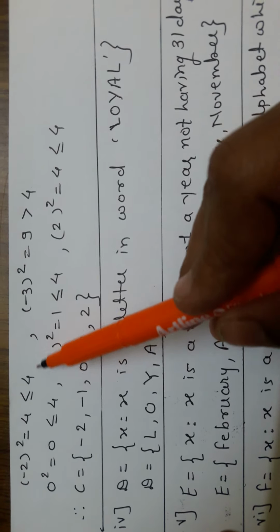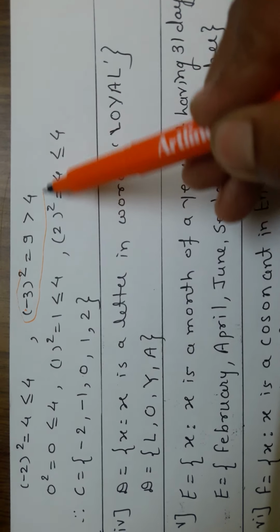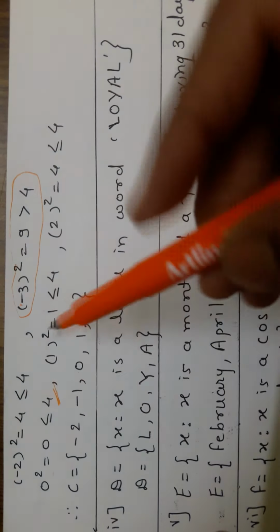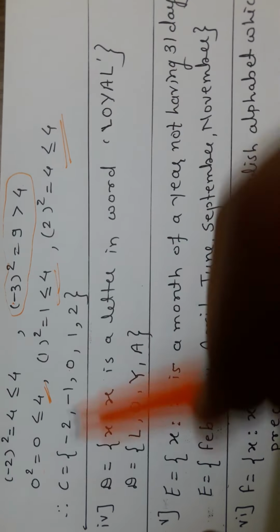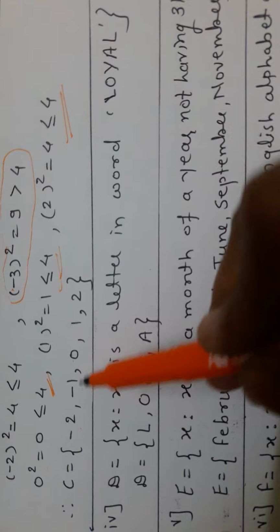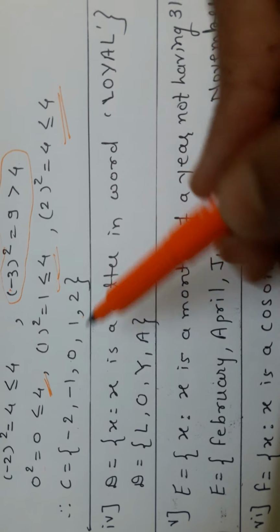We want less or equal to, means this will not be included. 0 is less or equal to 4. 1 square is 1 which is less or equal to 4. 2 square is 4 which is less or equal to 4. So which is the set we will get? C is equal to minus 2, minus 1, 0, 1, 2.